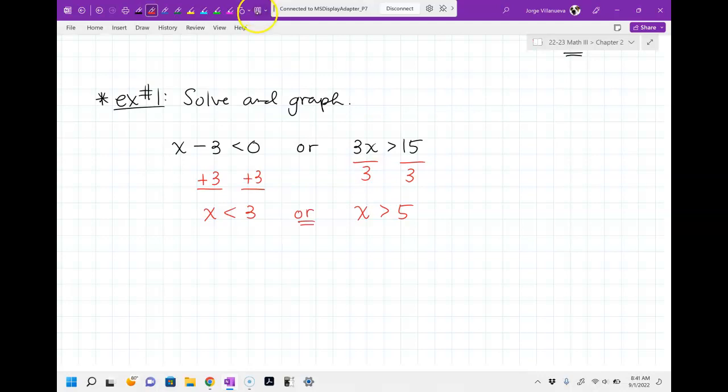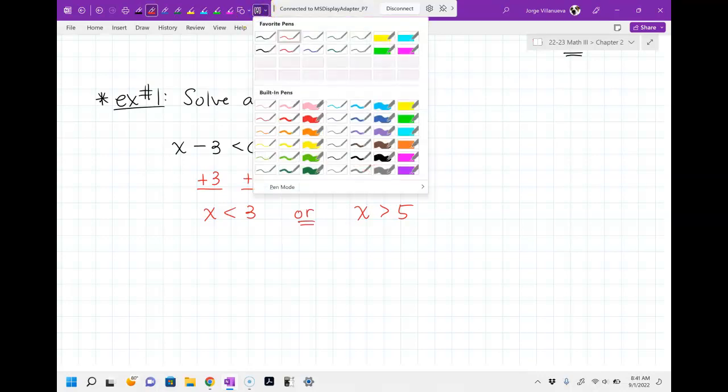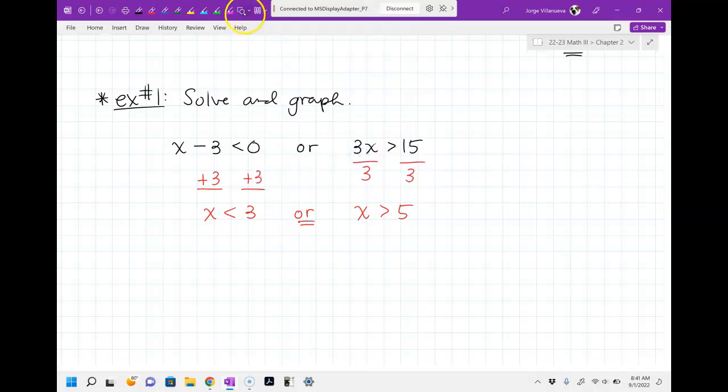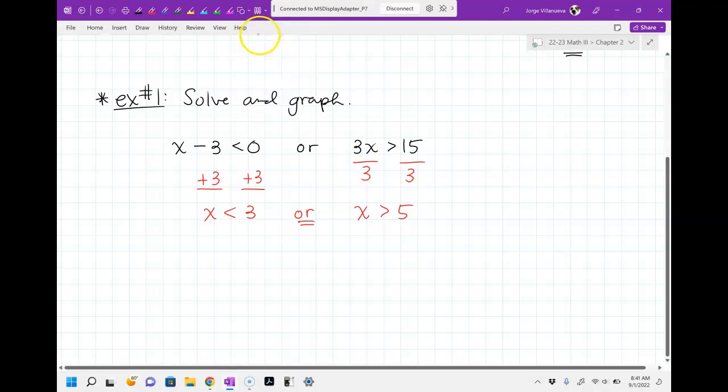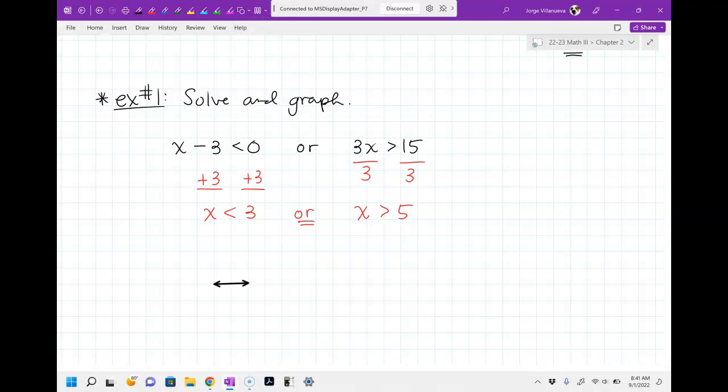I'm going to draw my line here so I can graph this for us. Remember how yesterday, right in the middle, I put my answer? If my answer was x greater than 1, I put a 1 right in the middle. Now I got two answers, so I have to make sure both of those answers show up on my graph.